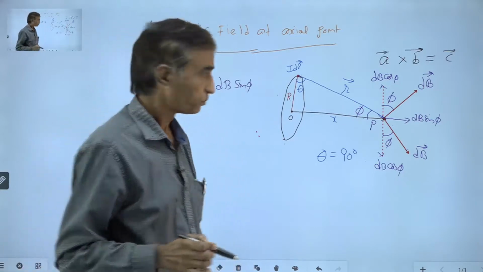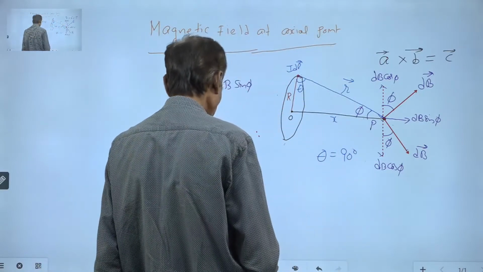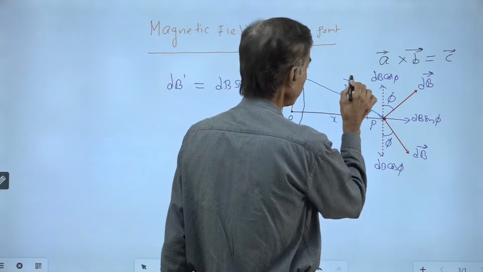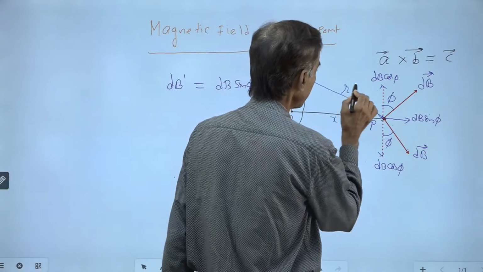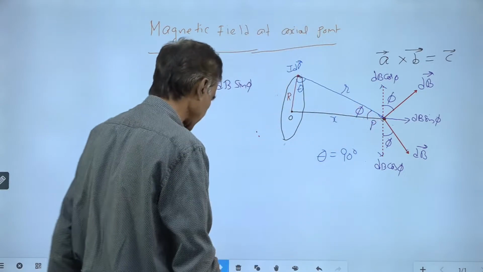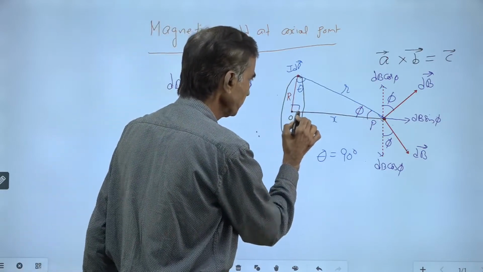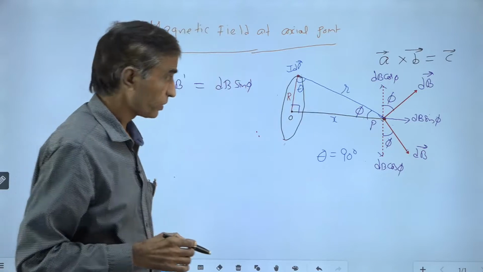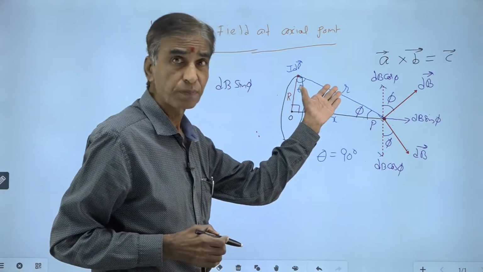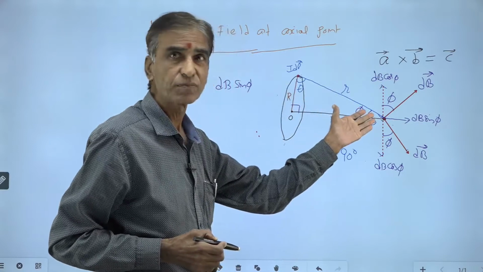Now, what is the magnitude of r? This is a right angle triangle, isn't it? Therefore, this is the hypotenuse, this is the adjacent side, and this is the opposite side for phi.